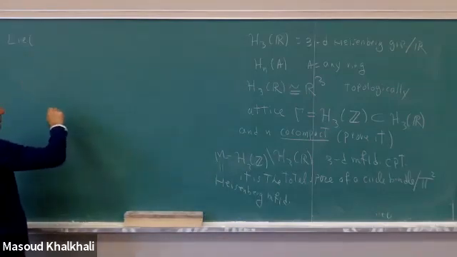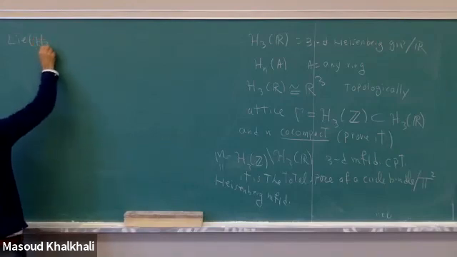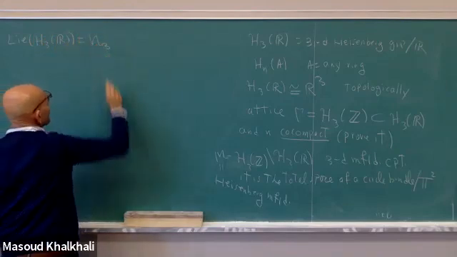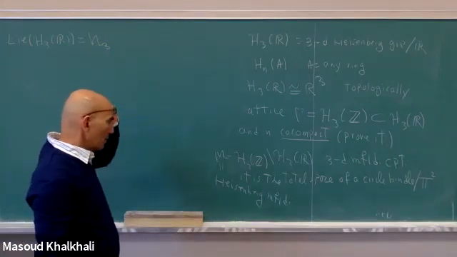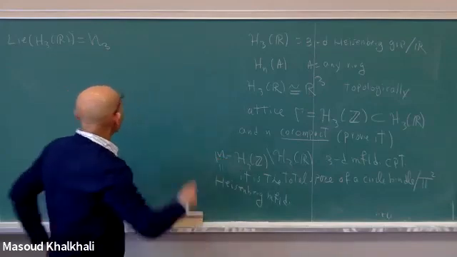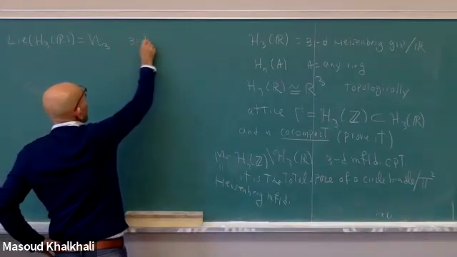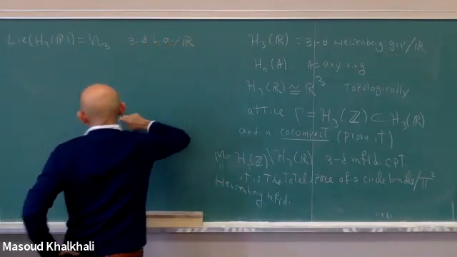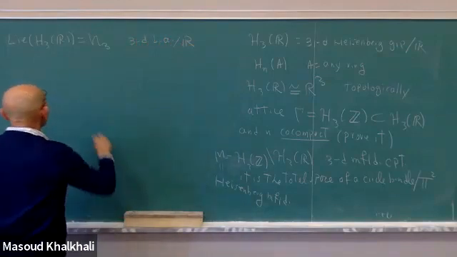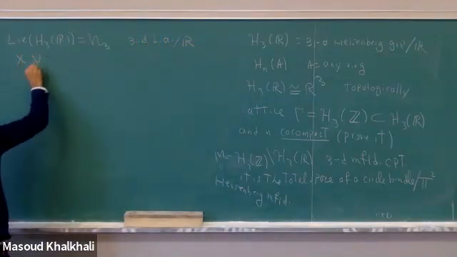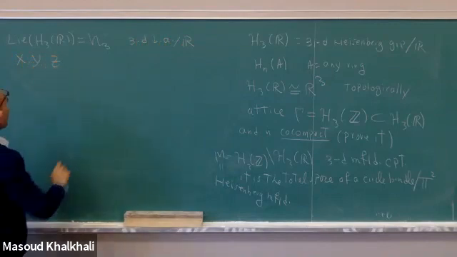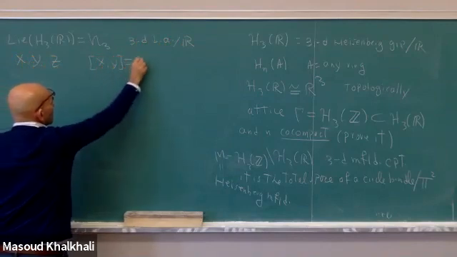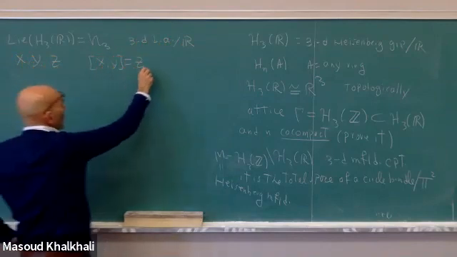Lie algebra of H3(R). Let's denote it by h3. You see, this is a three-dimensional Lie algebra over R with three generators X, Y, Z that satisfy these relations: the commutator of X and Y is equal to Z, and this element Z is central.